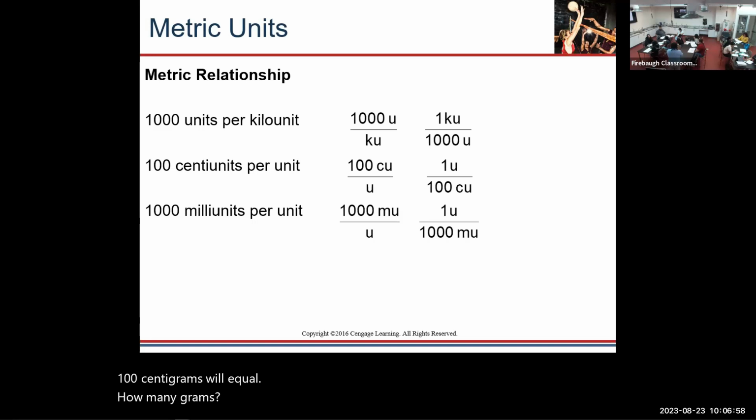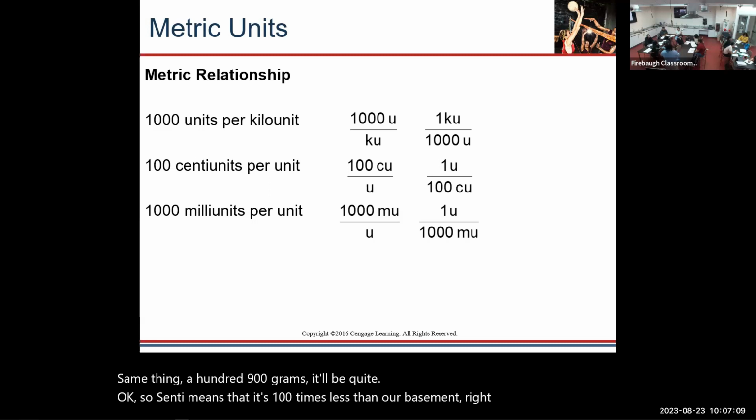Same thing, 100. But not 100 grams, it'll equal 1 gram. Okay, so centi means that it's 100 times less than our base number, so 100 of a centi will equal our base number.